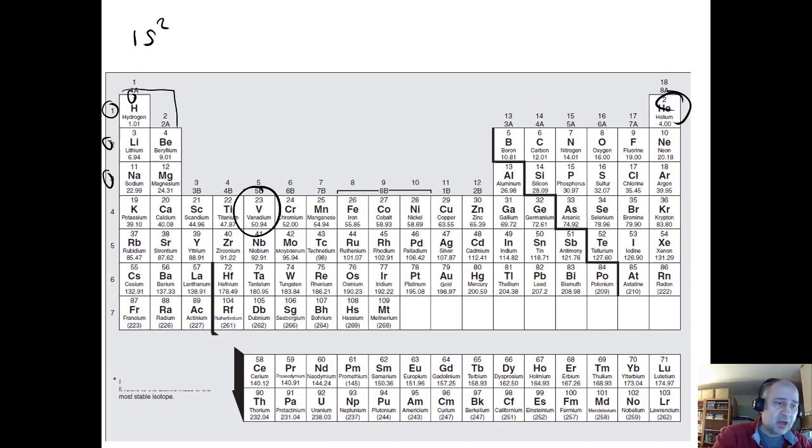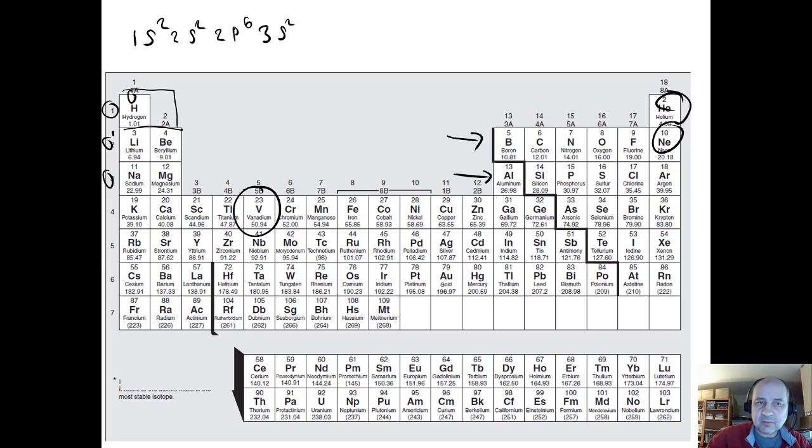You fill it, you come over to the next block, the next atomic number, 3. Again, we're in the s block. This is the second period, so it's 2s2. You follow the atomic number. This is now the p block, so this is a 2p. It's full. We're done. We're at neon. Coming down to the third period, it's 3s2.